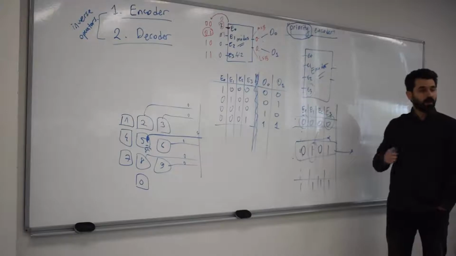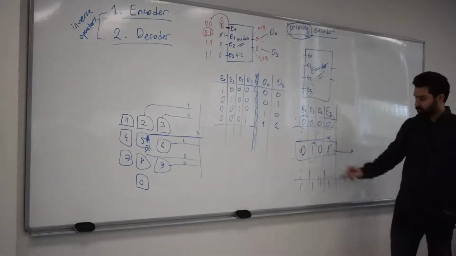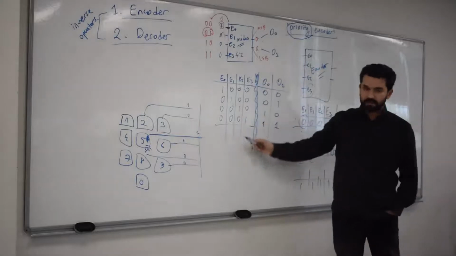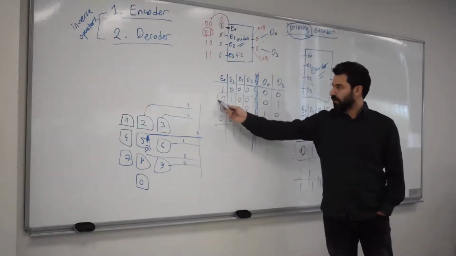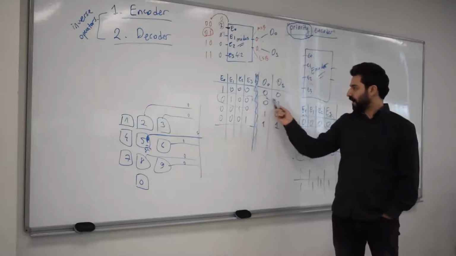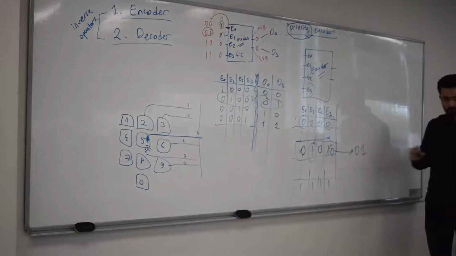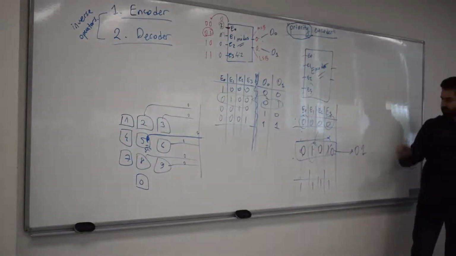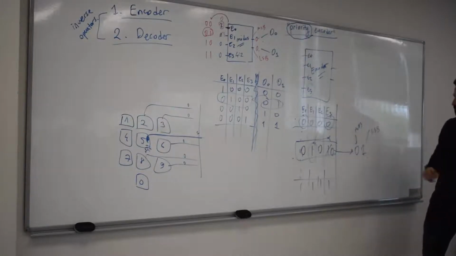The rest of the ones are ignored, treated as 0. So this is 0, 1, 0, 1 in this table. If you look at 0, 1, 0, 0 in this table, you will see that it is mapped to 0, 1. So the code you map to this input would be 0, 1. This is your most significant bit, and this is your least significant bit.